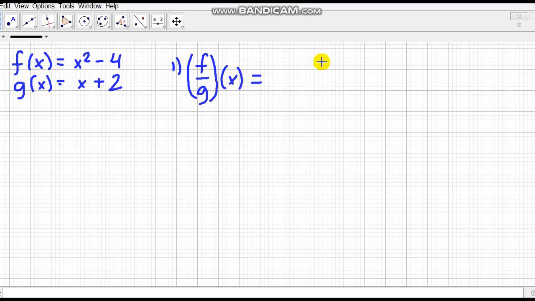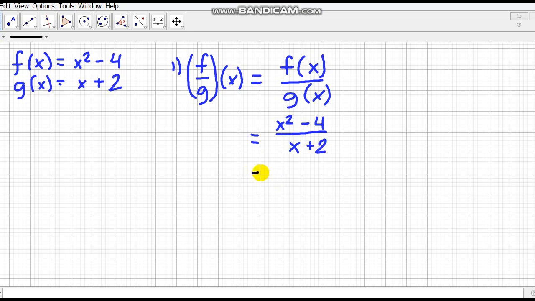Take note that we define it as f of x over g of x, with g of x not equal to 0. So let us replace the values with our given here. So f of x is x squared minus 4 all over x plus 2.